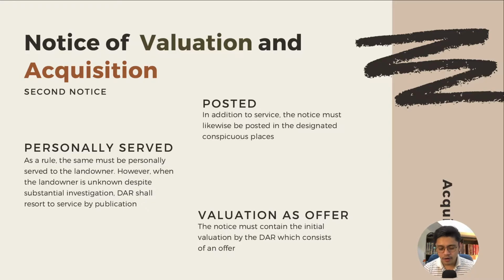All right, and therefore this valuation is indispensable in this notice. All right, because without valuation, there's no initial offer. Okay, and if there's no initial offer, the landowner will have no basis for replying, no basis for either accepting or contesting, and therefore the whole process, in terms of compulsory acquisition, will be irregular.